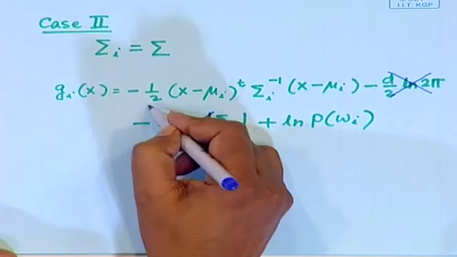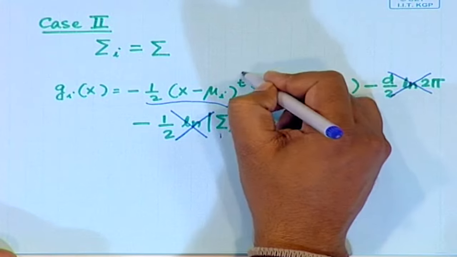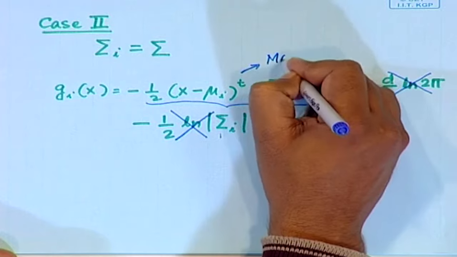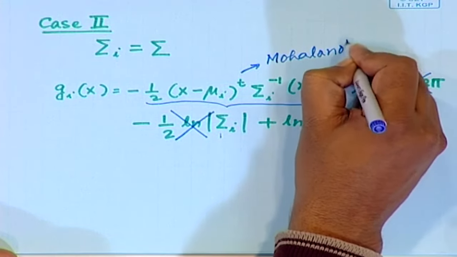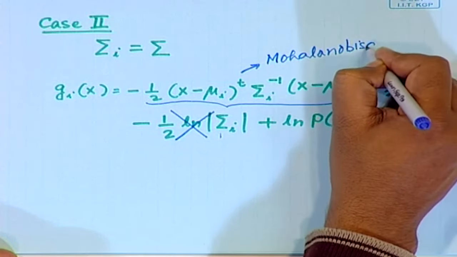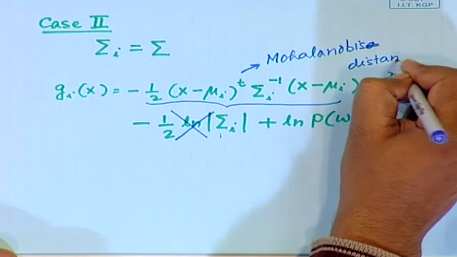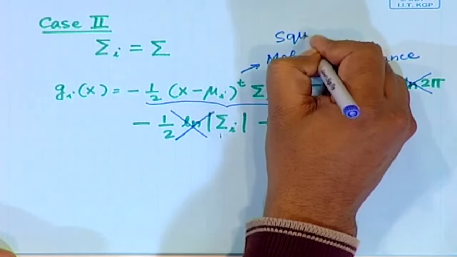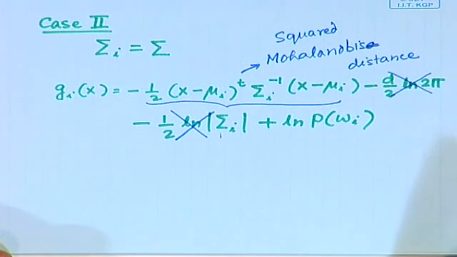And we said that this is nothing but a distance function, which is the squared Mahalanobis distance.